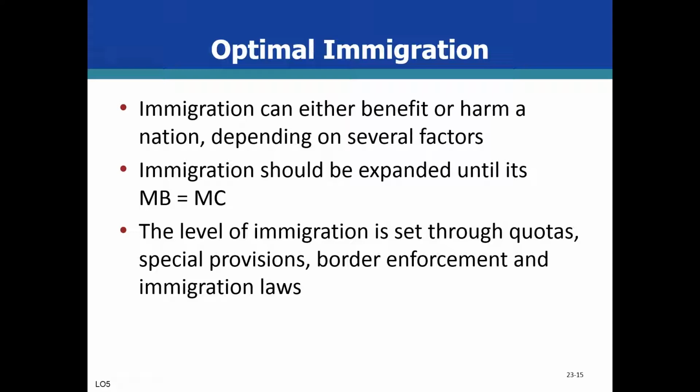However, immigration can be controlled to the benefit of the host country through quotas, which exist, through special provisions that allow certain technical skills to come into the country, and allow individuals to come to the country to improve their education. Hopefully, some of them will stay here. Likewise, on the illegal side, through strict border enforcement and transparent immigration laws.